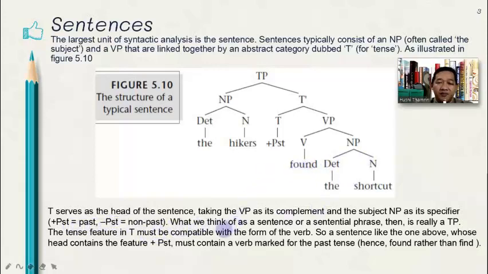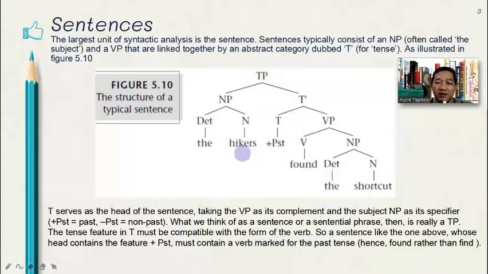Like for example, what we think of as a sentence or a sentential phrase. Then in the TP, the tense feature in T must be compatible with the verb.